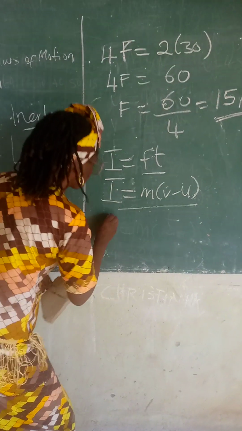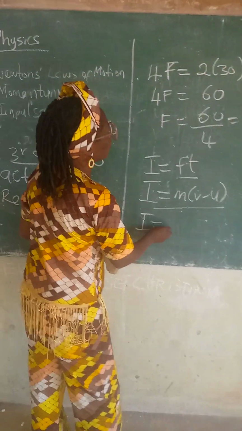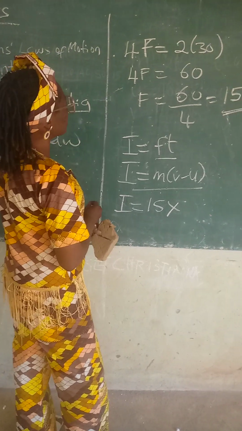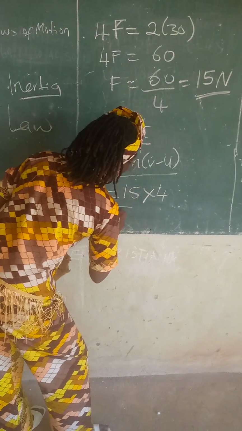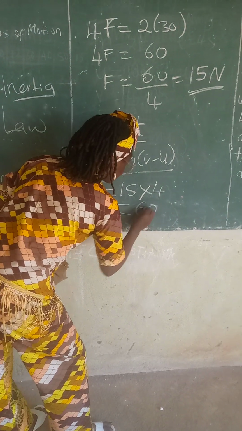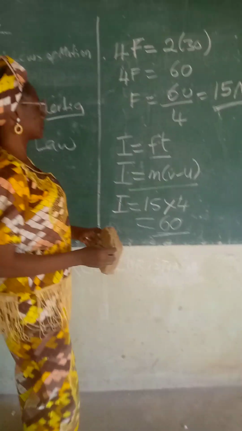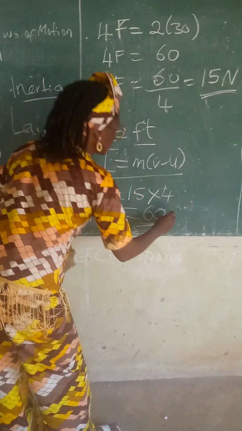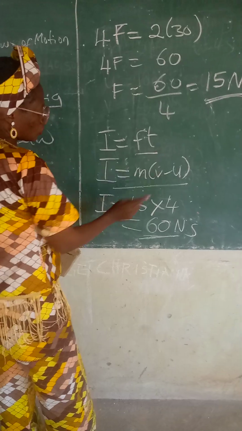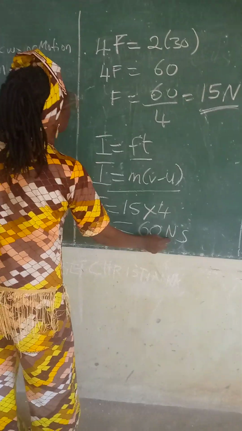So let me use the first one. I is equal to, what is my force now? We have gotten force to be 15. 15 times time, which is 4. 15 times 4 will give me what? 60 Newton second. Force is in Newton, time is in second, so the unit for impulse is Newton second.